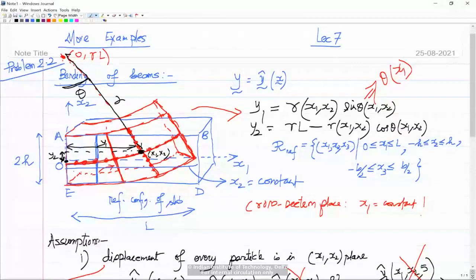Because it has to bend into an arc of a circle. But what is varying on those points? x1. So x1 is varying here. So what we figure out is that the radius should not depend on x1, right? So the radius should only be a function of x2. Many of you are saying this. So from here, we can say that radius is just a function of x2.